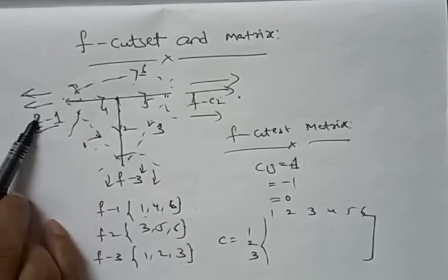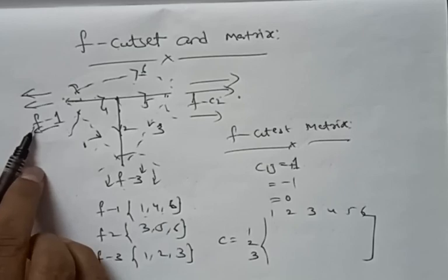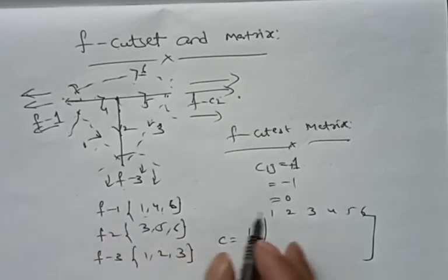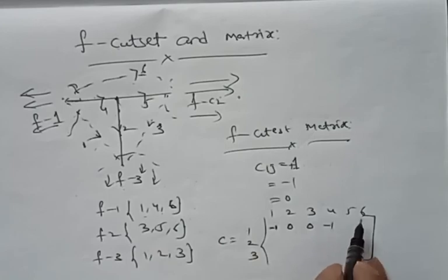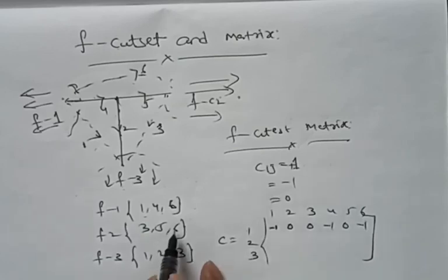Branch 1's orientation does not coincide with fundamental cut set 1, so there we replace it with -1. Branch 2 is not in the cut set, and 3 is also not in fundamental cut set 1. For 4 it does not coincide, -1; 5 is 0; 6 does not coincide, -1.